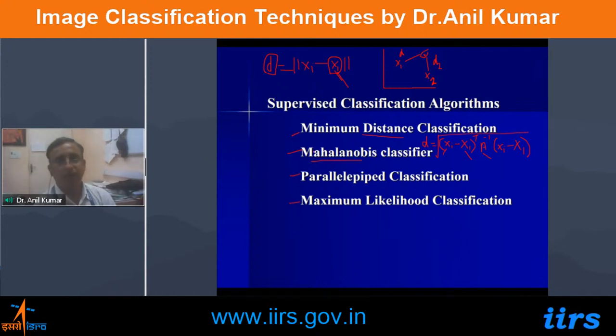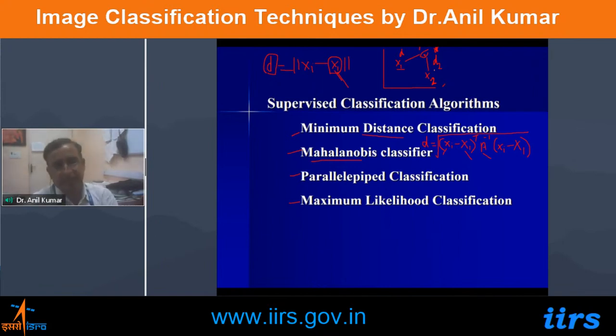Now from this you can find out the distance through the Mahalanobis classifier, and once you get the distance, you can find out whether the distance is smaller to class 1 or 2. If it is smallest to 1, you can label this pixel as 1. Like this, all the pixels are labeled. Here we don't have to do a number of iterations.